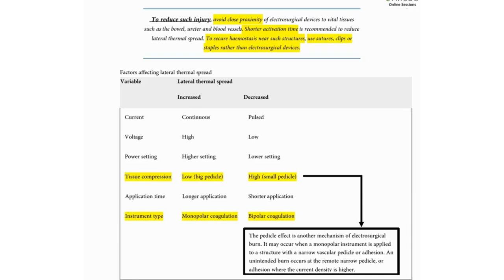Here we have the tissue compression. What is tissue compression? If I have low tissue compression, I'm not holding the pedicle appropriately. I'm not seizing or closing over the pedicle correctly. The lateral thermal spread is going to be high.